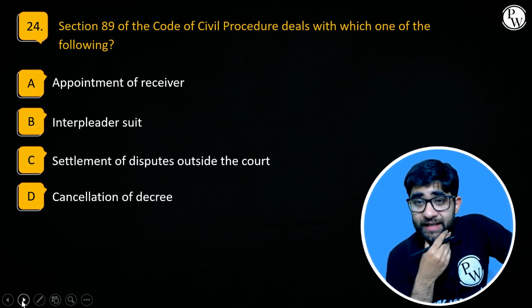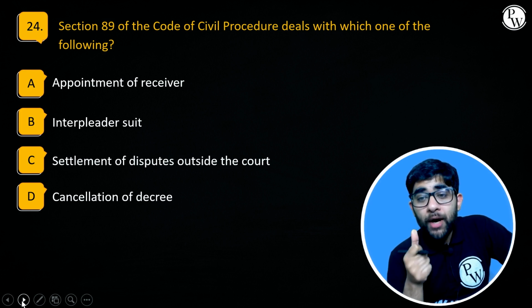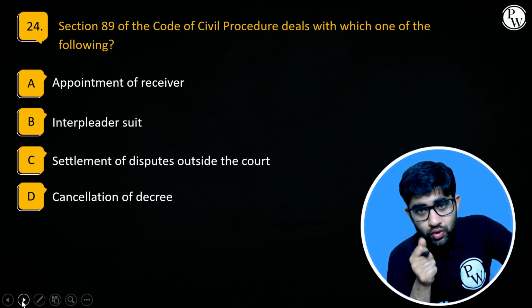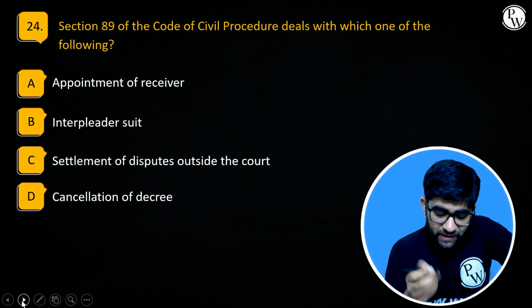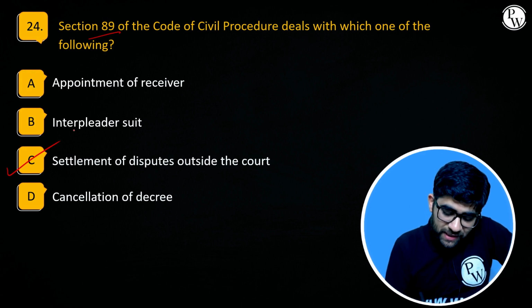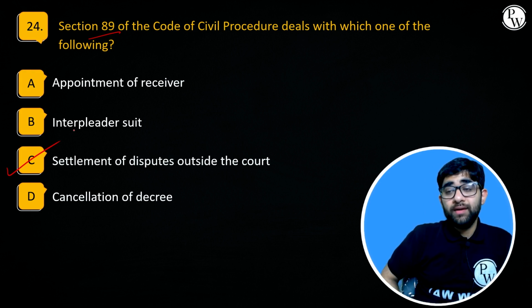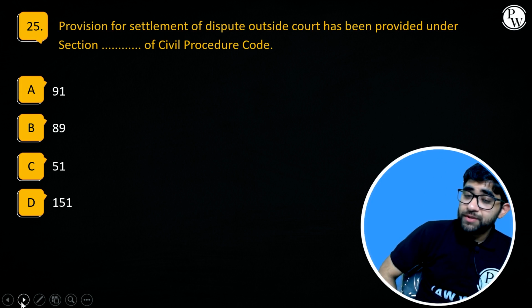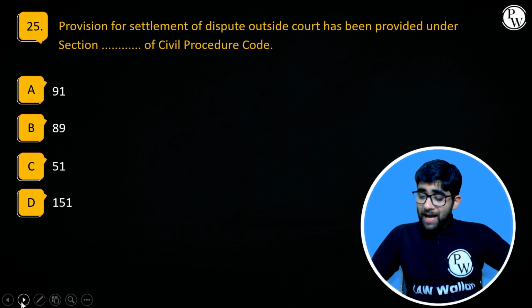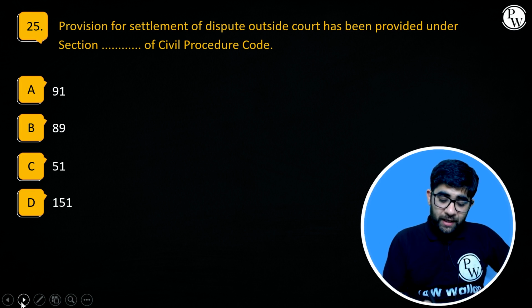All right. So next, Section 89 of the present Code of Civil Procedure deals with which one of the following: appointment of receiver, interpleader suit, settlement of disputes outside the court, and cancellation of decree. That is, Section 89 is settlement of disputes outside the court. Now, the provision of settlement of dispute outside the court has been provided under Section 89.